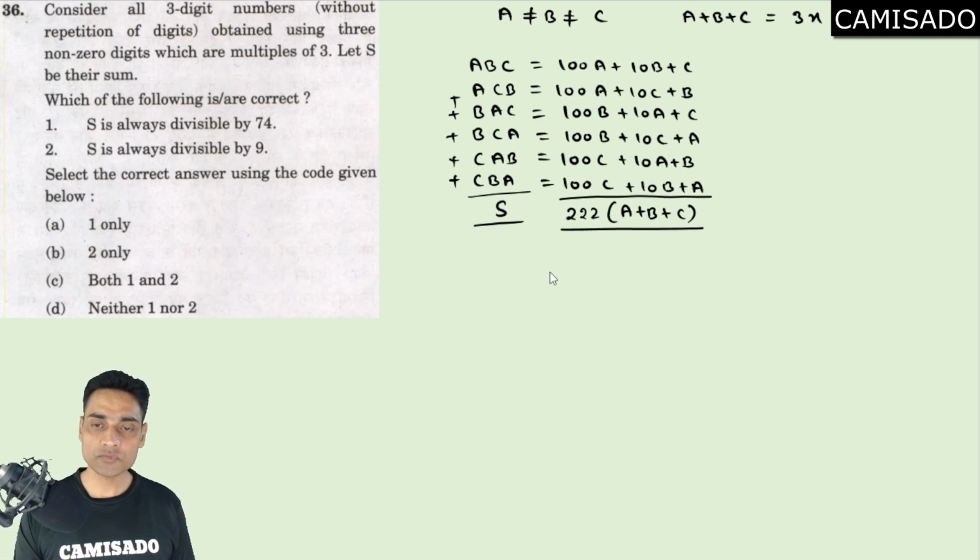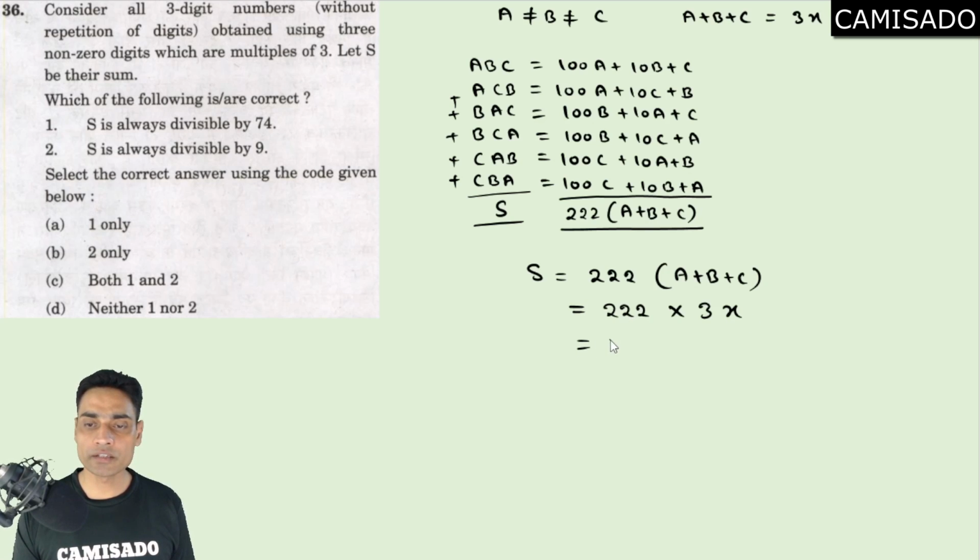Now finally the value of S is 222 into A plus B plus C. Whatever will be the value of A plus B plus C, it is a multiple of 3. I am writing it as 3x. Now breaking 222, what I can get is 74 into 3 is 222, again 3 into x.